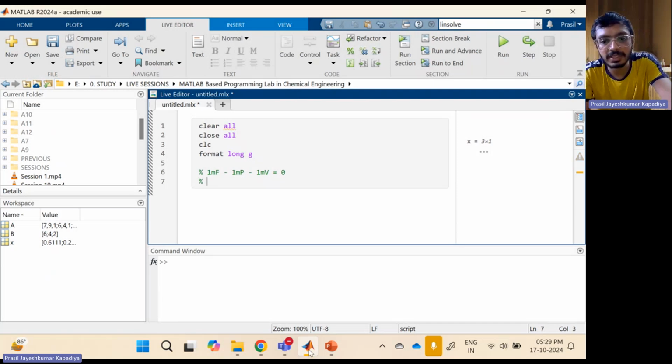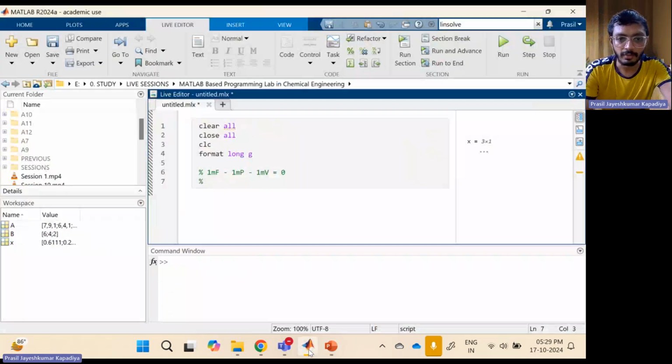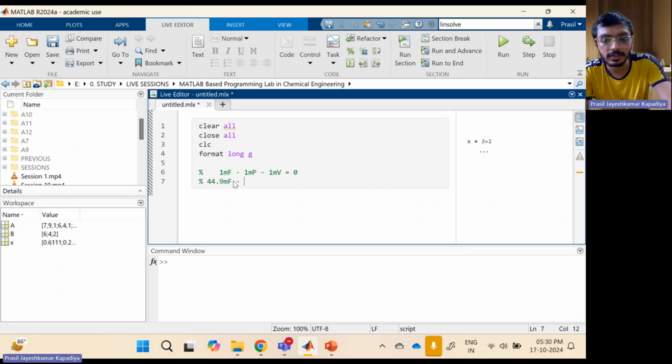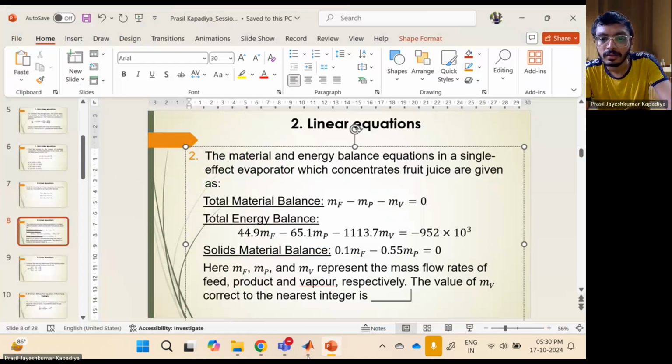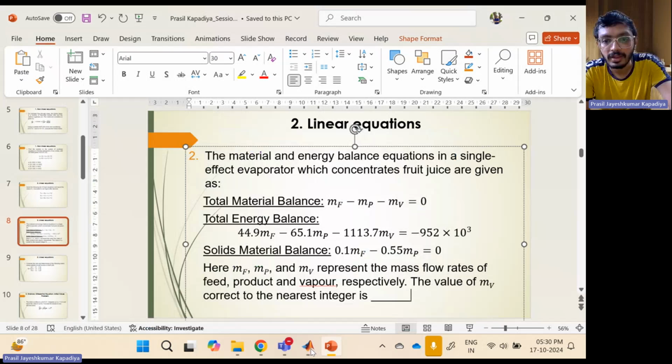Okay, then my second equation is 44.9 MF minus 65.1 MP. So I'm just keeping it in a good format so you understand what we are doing.